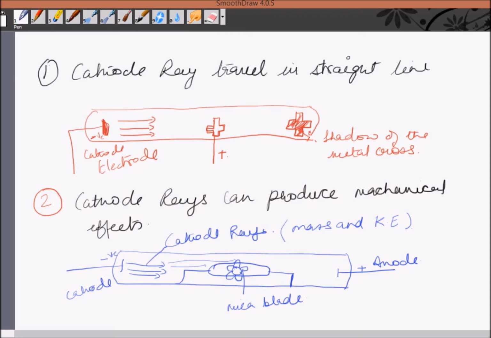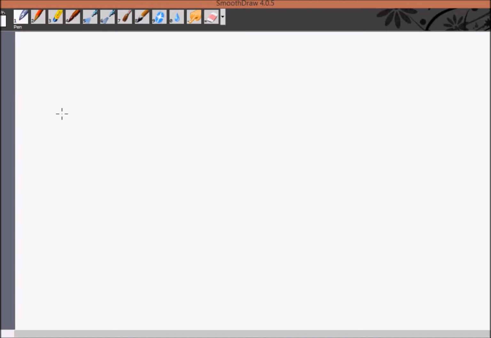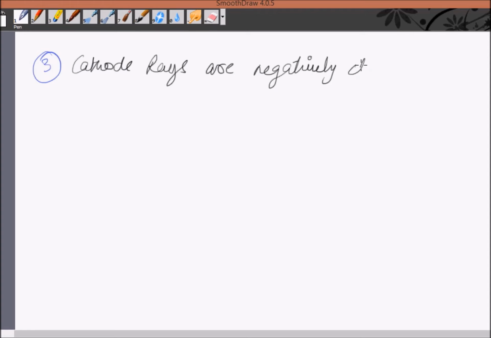So now let's understand the third one, which is that cathode rays are negatively charged. How? Let's again understand with the help of an example and a diagram.